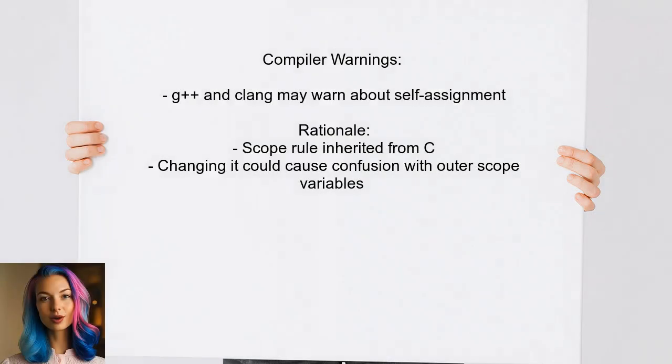The user also notes that while compilers like g++ and Clang may issue warnings for such cases, the rationale behind this scope rule likely stems from C, where it was originally established. Changing it now could lead to confusion, especially if the second identifier were to reference an outer scope variable.